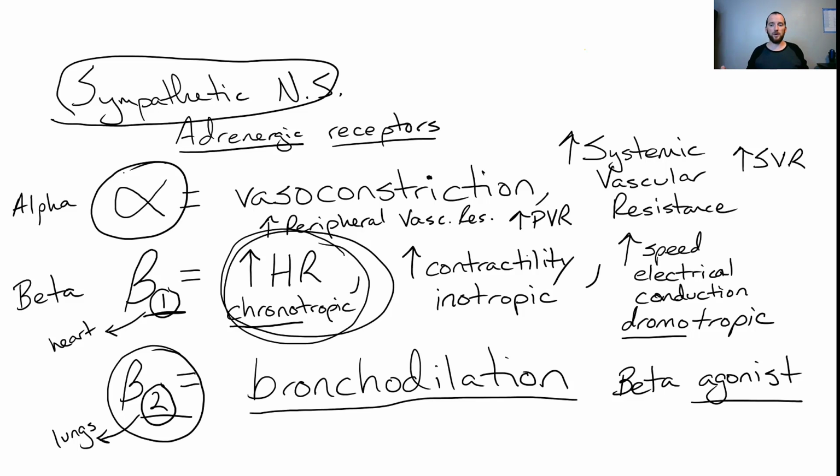We don't really get that with albuterol. So that's one of the key differences: Epi will hit all three, while albuterol just hits the beta, primarily beta-2. But if you compared an injection of Epi versus an inhalation of albuterol and looked at those beta-1 and beta-2 effects, that Epi response is going to be a lot stronger, for sure.